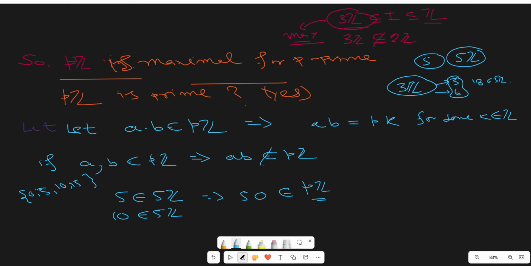So this implies that ab inside pZ. So this is false. If ab inside pZ, this implies that either a is inside pZ or b is inside pZ.